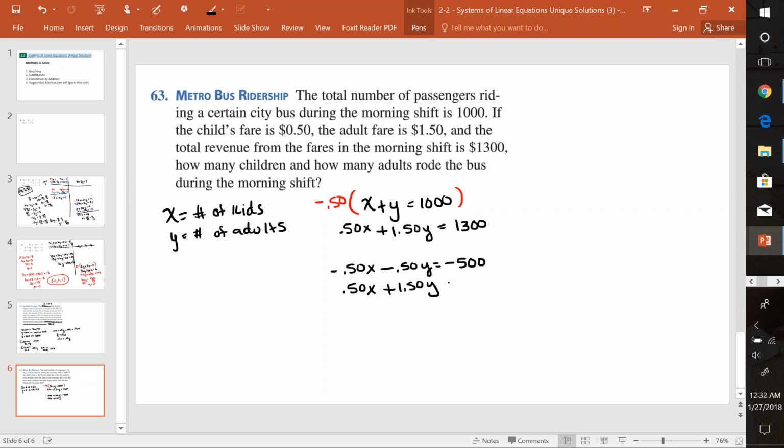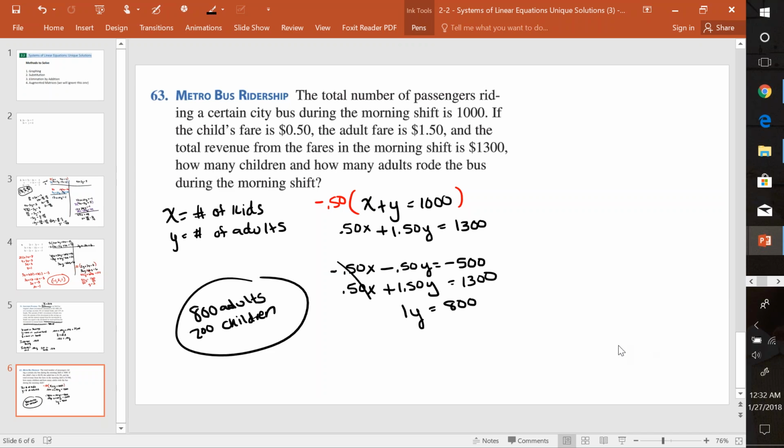So we bring down the other equation, and this would cancel those out. That would just be 1y, and this would be 800. So that tells me that we had 800 adults riding. And then since there's 1,000 people, there would be 200 children. All right, and that's the end of that section.